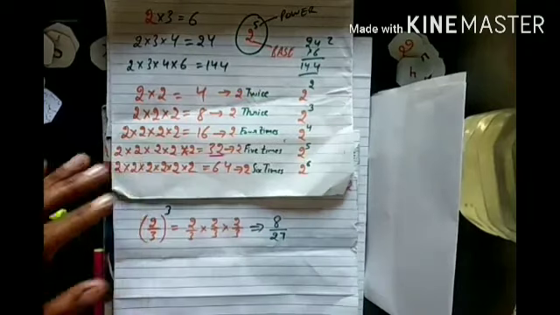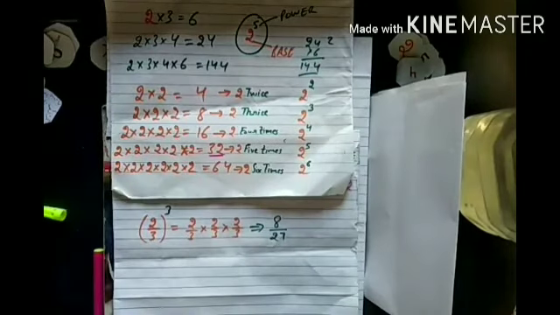In this way you can also write the exponential form of a rational number. So instead of thinking only of an integer or a whole number or a natural number, we must take the rational number, that may be a positive rational number or a negative rational number.